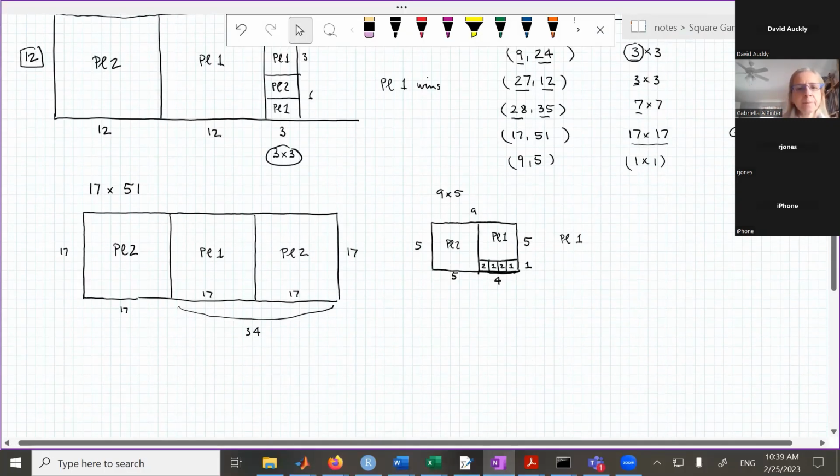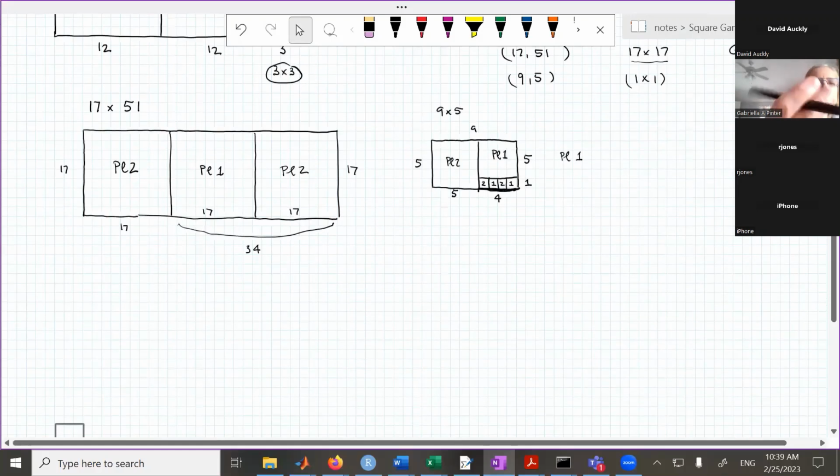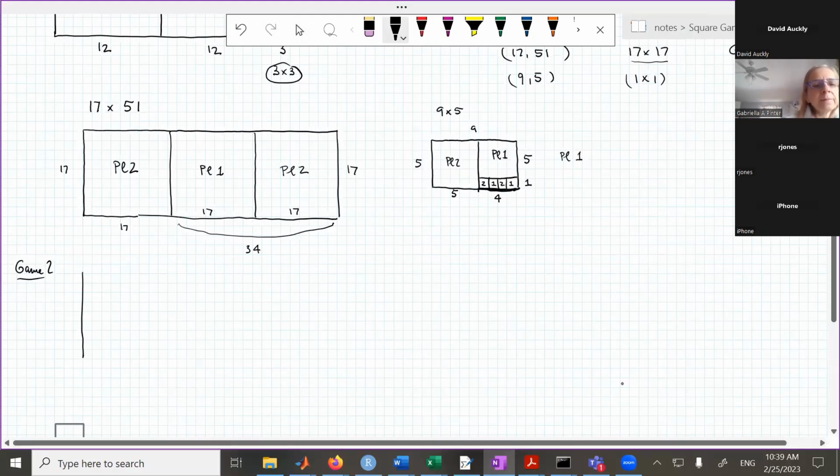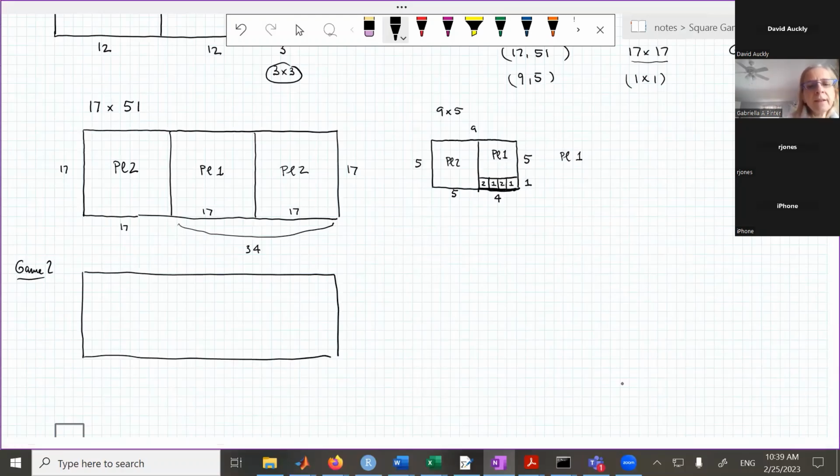I'm sorry, maybe I can do this in here to show you, for example, with the 17 by 51, if we are playing the game 2 variant, then what would happen? Player 2 can draw in a 17 by 17, but not just 1, they can draw in another one, and they can draw in another one, and the game is over.